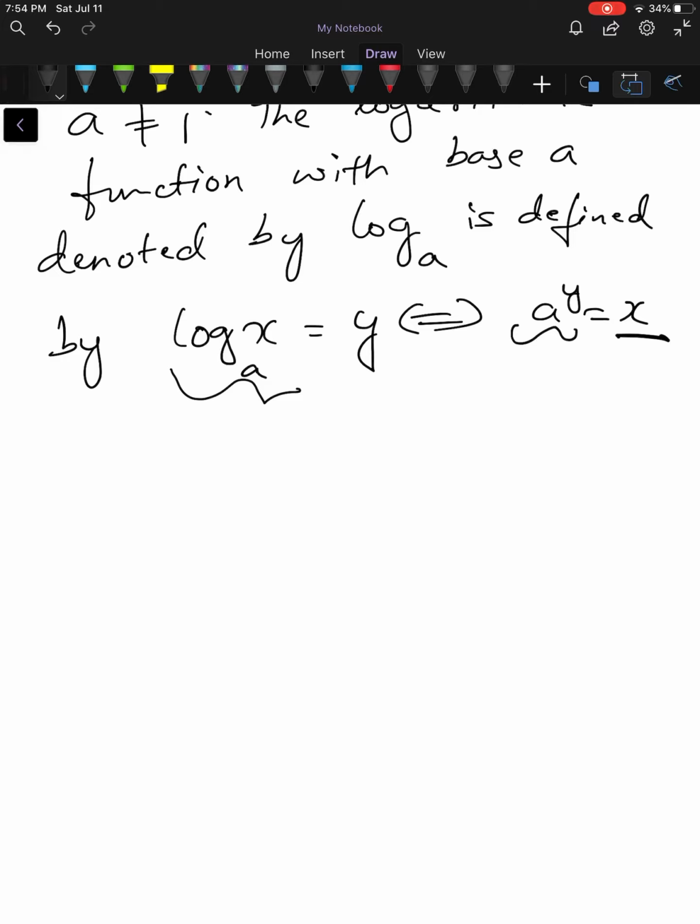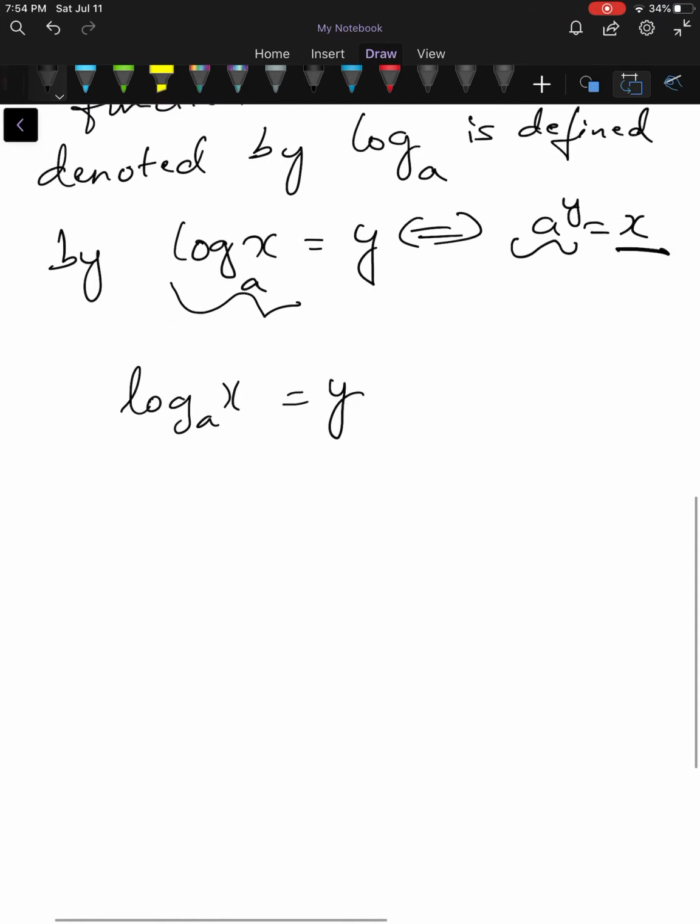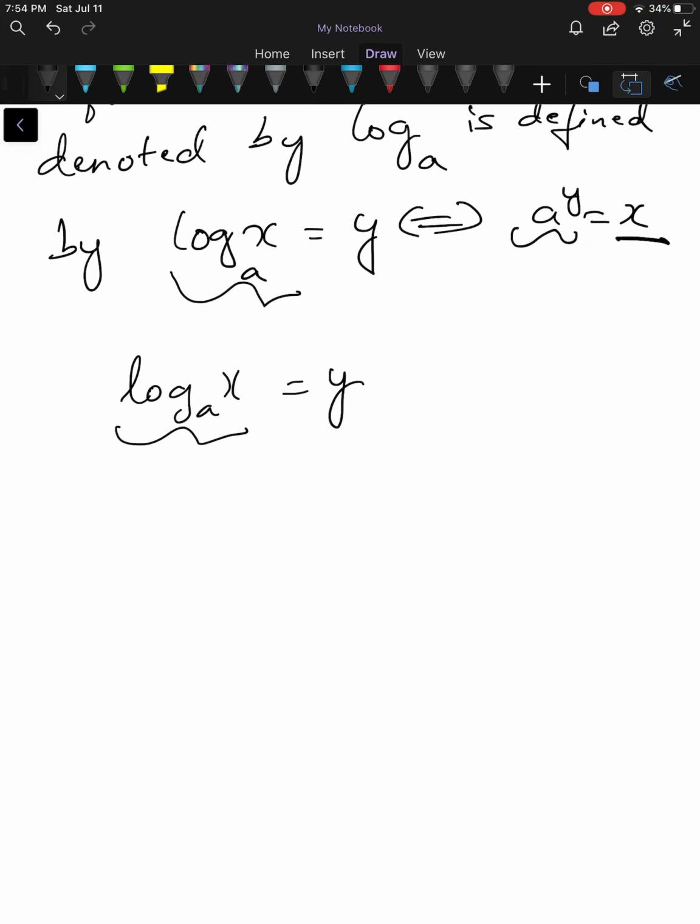When we use the definition of logarithms, we switch back and forth between the logarithmic form, log a of x is equal to y, and the exponential form, a to the power y is equal to x. We have to be very careful about the base.